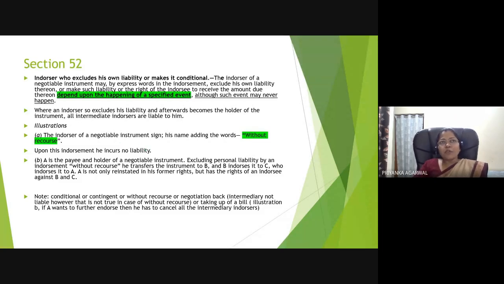Is it a possible scenario wherein a maker becomes a holder, and the maker, being a holder, endorses the instrument further? Can he also mention it as without recourse? Is it a possibility?